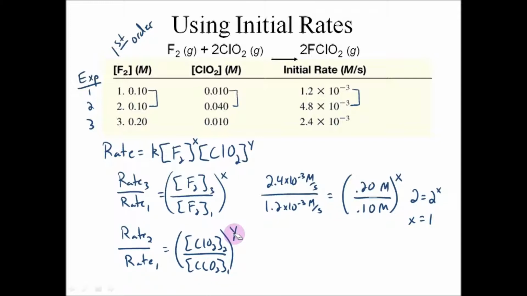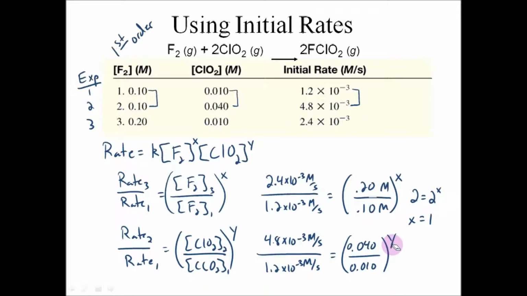Now we're finding the exponent y. So if we can find this equality, we can identify what y is. So we put the rate of 2 over the rate of 1. We set that equal to the concentration change of experiment 2 for ClO2 to experiment 1.